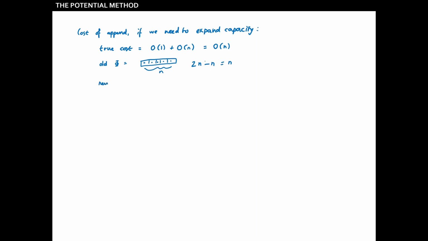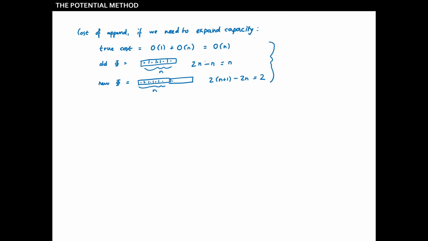The new potential, I've got to copy across all those n items, and I'm going to double capacity, and there'll be one new item in there. So the new potential is twice times the number of items, 2n plus 1, minus the capacity, 2n. So I'm left with potential 2.